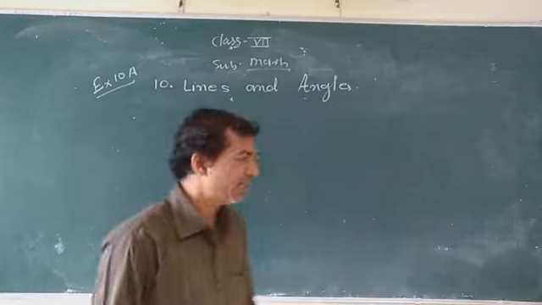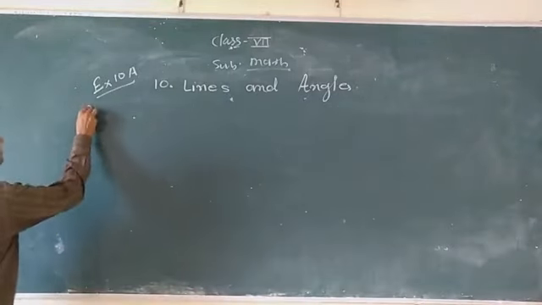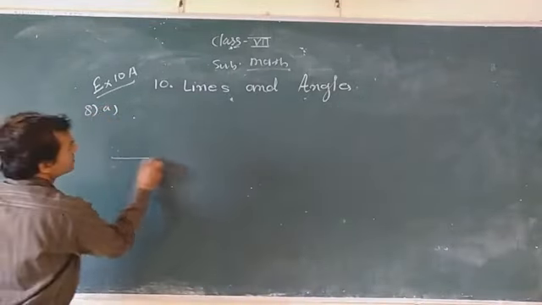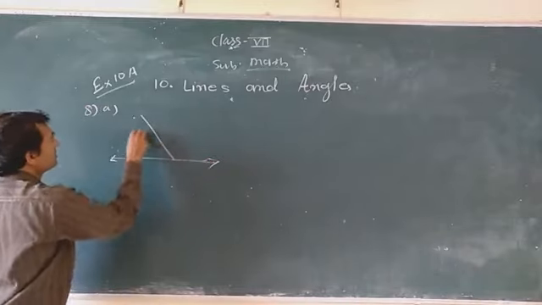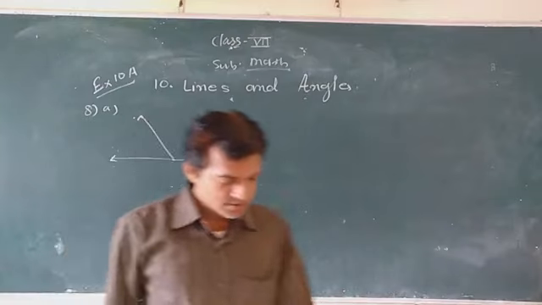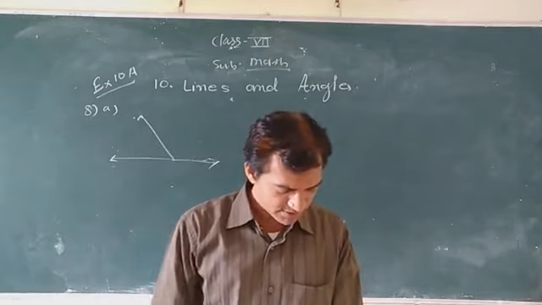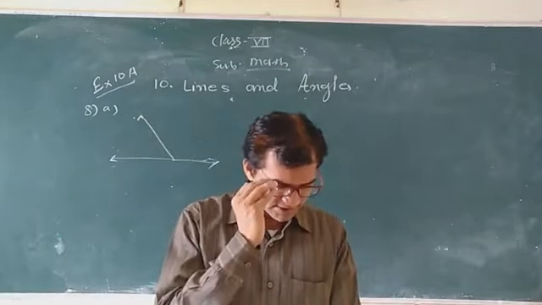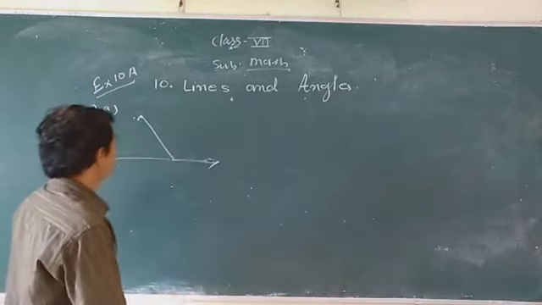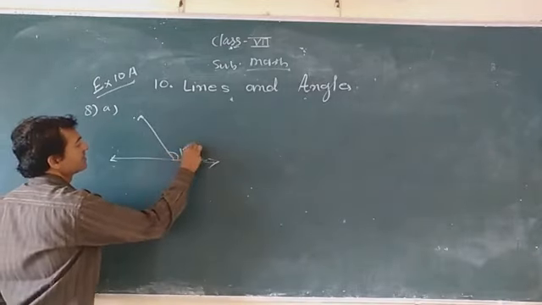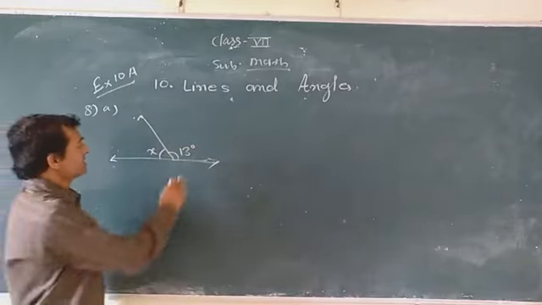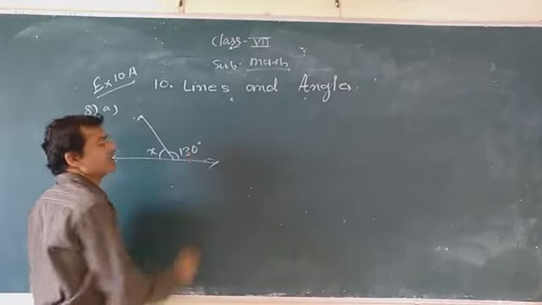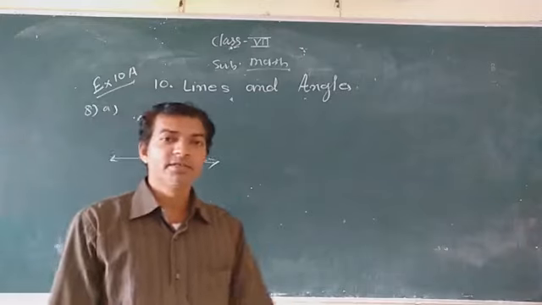Okay, the diagram is given like this. 8a. So the diagram is like this. Here the measurement is 130 degree, and this is x. You have to find the value of x only.